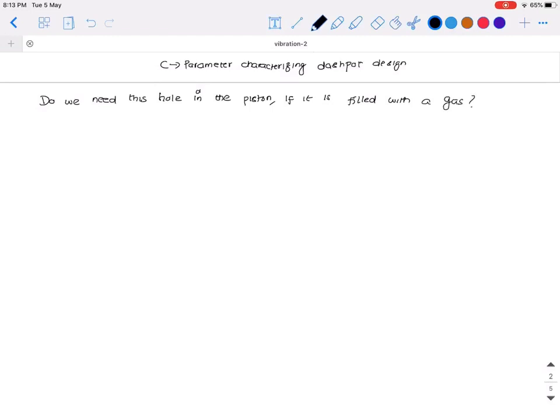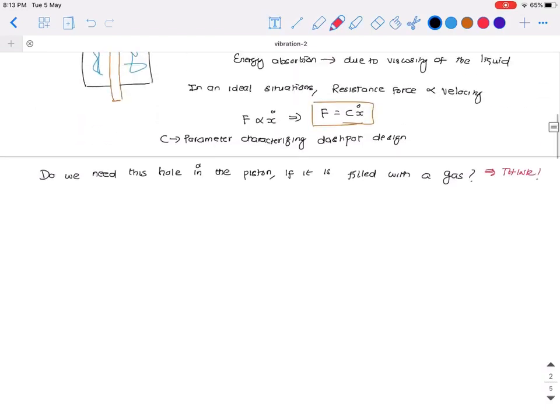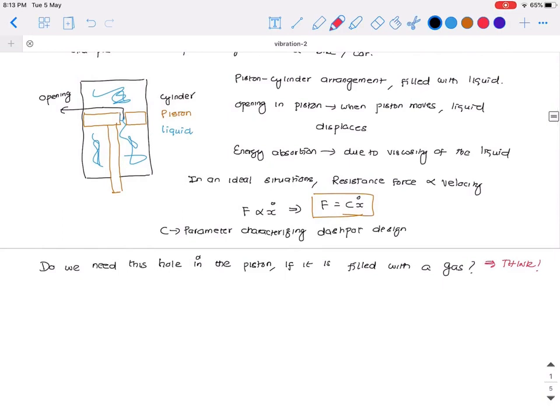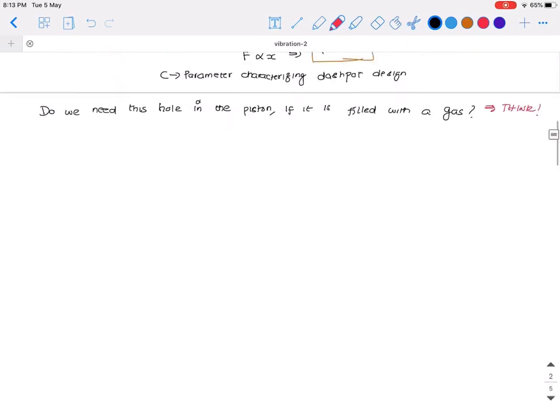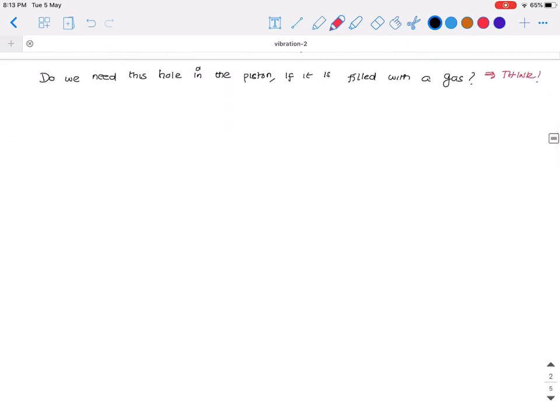Okay, so you think about it. The hole is mandatory if you fill the cylinder with the liquid, but do we need this hole if it is filled with a gas? Okay, that is the question for you to think about.